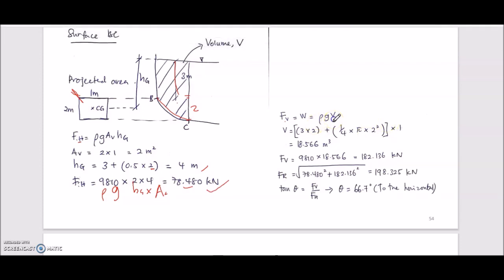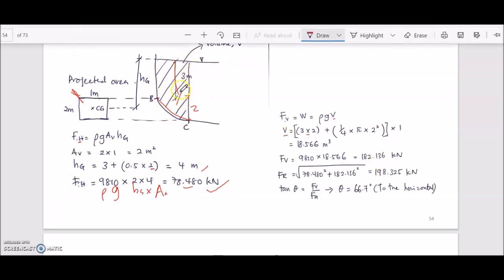For vertical, we have the formula rho g V, where V is the volume. So we need to calculate the volume. How about the volume? We need to calculate the area of this shaded area. So we calculate 3 times 2, plus 1 over 4 of the circle.